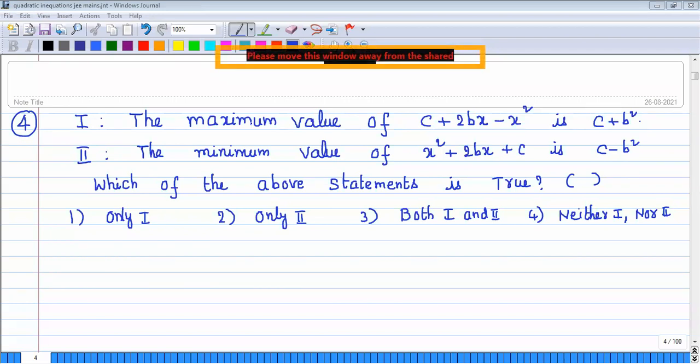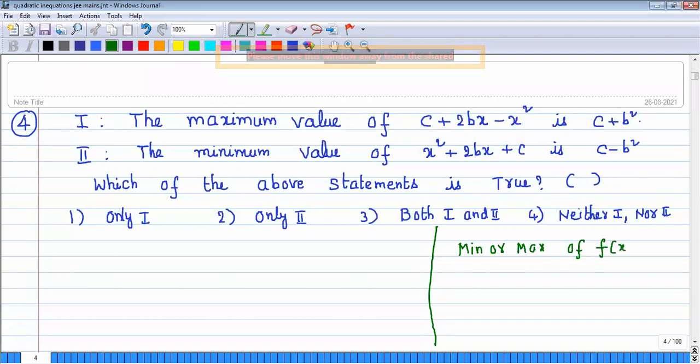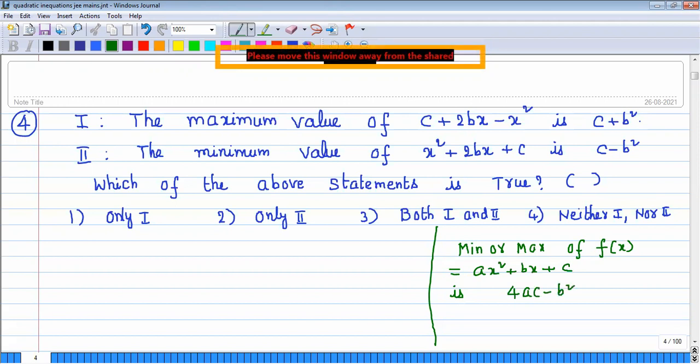So here we need to use the concept that either the minimum or maximum of f of x is equal to ax square plus bx plus c is 4ac minus b square upon 4a.